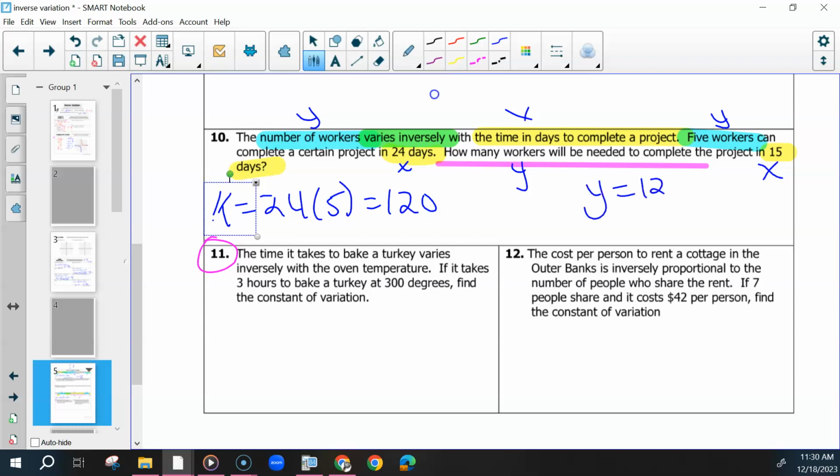Do that, tell me what you get. 8. 8 what? Workers. Okay. The more workers they have, the less time it takes. The less workers they have, the more time it takes. One goes up, the other goes down. Okay. Questions on how we solve that?